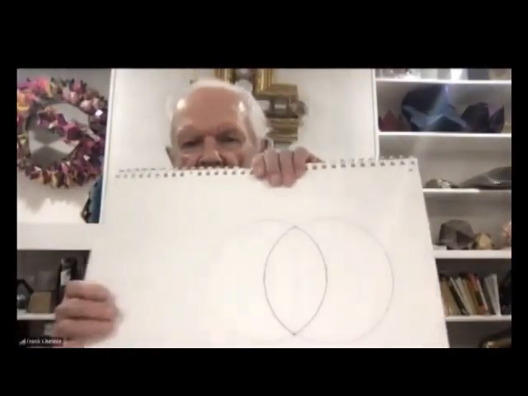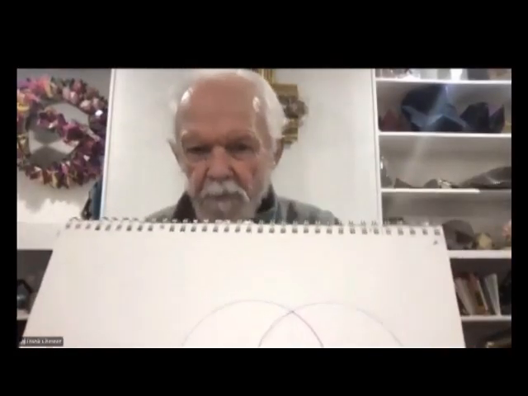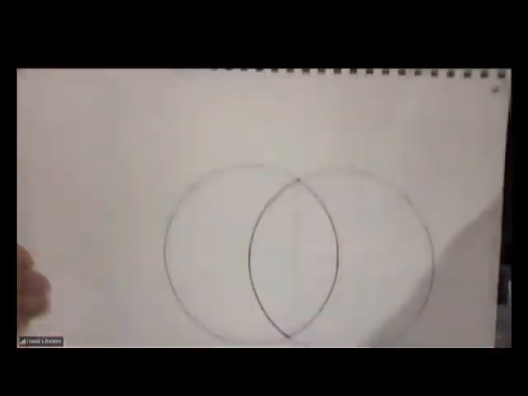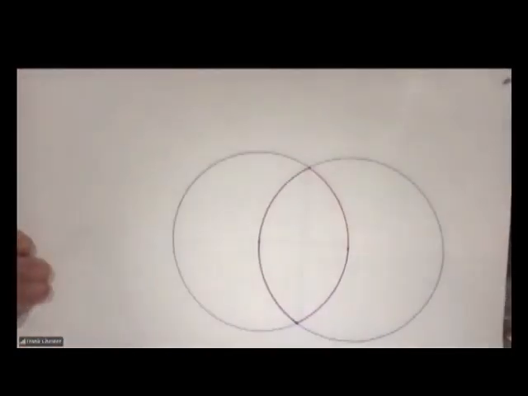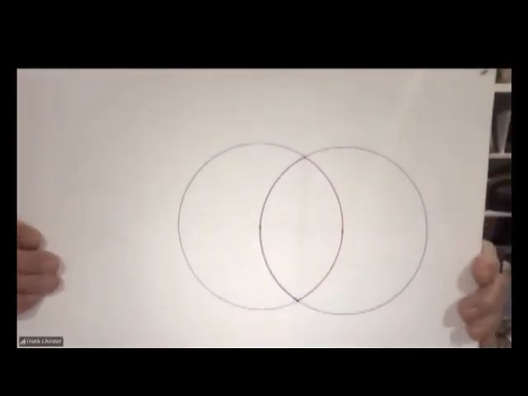The heart isn't based on two. The heart is based on three. All right, so if you're not familiar with the vesica, you will be in a few minutes. I could easily do the drawing in front of you, but it takes too long.